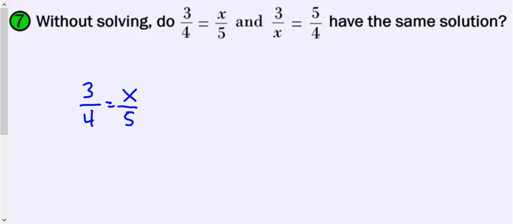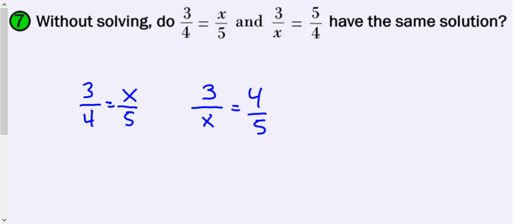Now if we were to change this and create a proportion using just the rows, so 3 and x and 4 and 5, then our proportion would look like 3 over x is equal to 4 over 5.